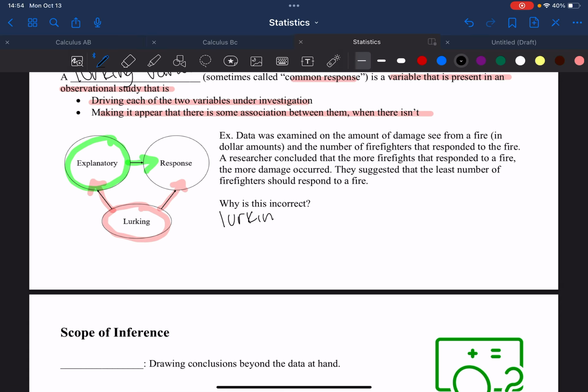And the lurking variable here is the size of the fire. Okay, so obviously the bigger the fire, the more damage. The bigger the fire, yes, typically there's more firefighters to try to put out the fire. But that doesn't mean that the more firefighters there are, the more damage occurs. Remember, correlation does not imply causation.